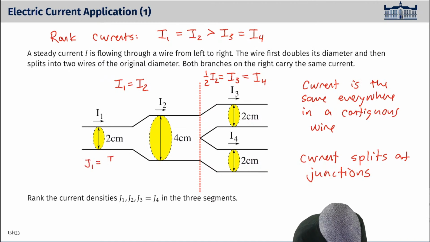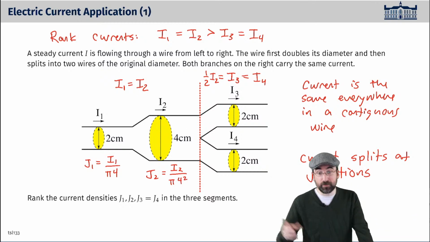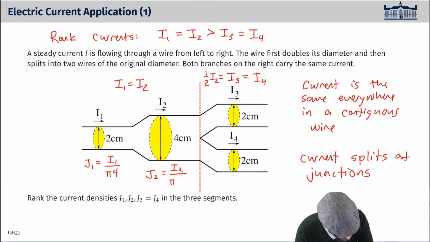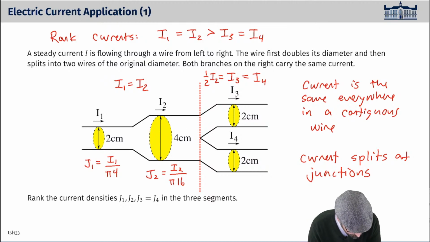J1 is I1 divided by pi times 2 centimeters squared. So that's just going to be 4. J2 is I2 over pi times 4 squared. This is because these are circles, so I'm using the area of a circle. Of course, 4 squared is 16.